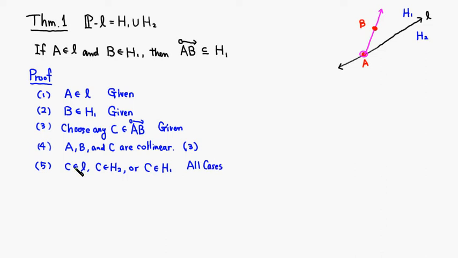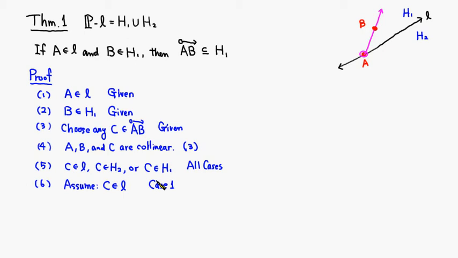Let's pick on the first case, line 6. Let's assume that C is in the line L. This is our case 1, and we're trying to get into trouble. C is on the line.